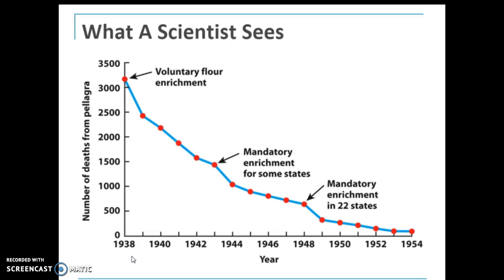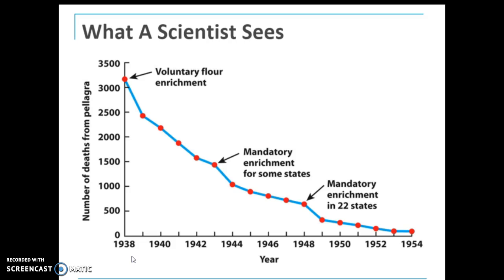So this is just an example, the fortification of niacin in flour. I'll talk about folate in a little bit. We see when voluntary enrichment started, the number of deaths from pellagra started decreasing. Now we have mandatory enrichment, and you can see that the number of deaths from niacin deficiency or pellagra have pretty much gotten down to none.